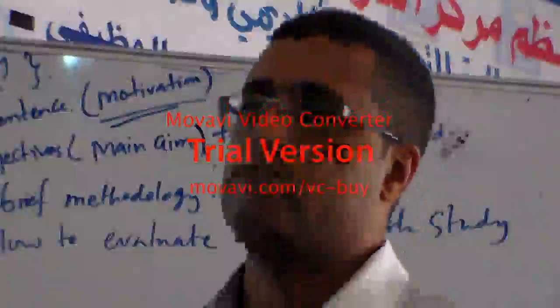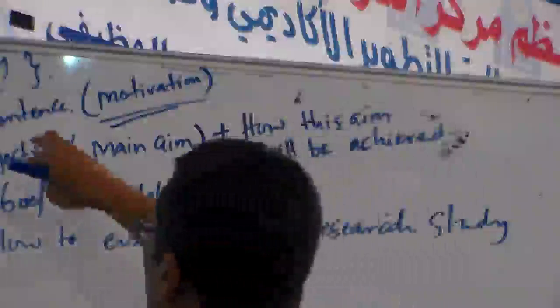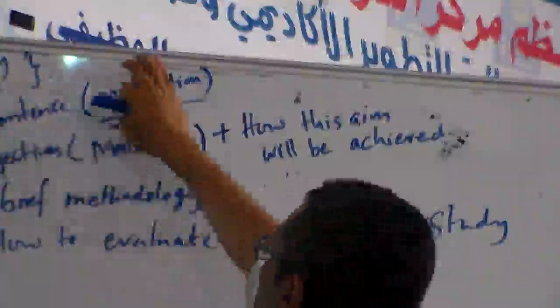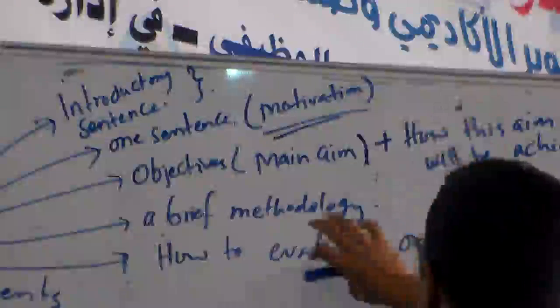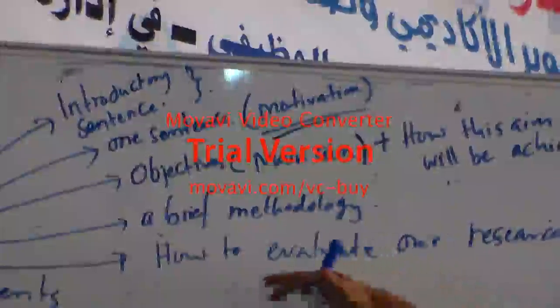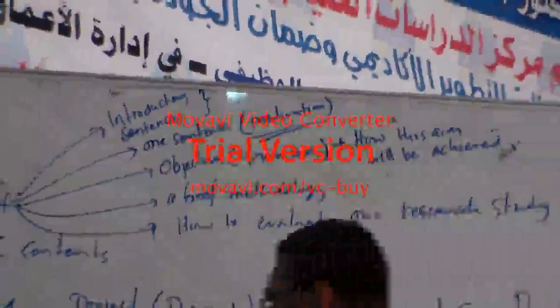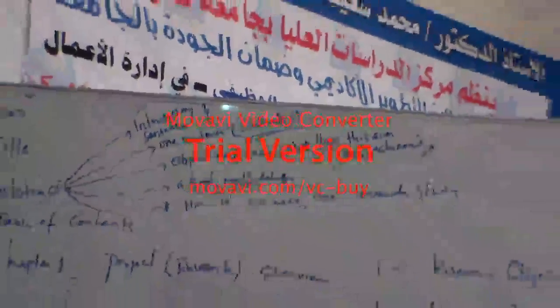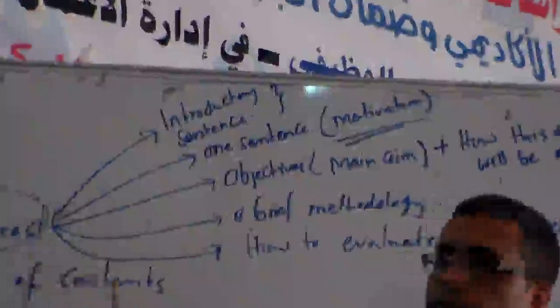Don't write the abstract from the beginning, because in the beginning you still don't know about the motivation, the objectives, the methodology, the evaluation. All these things you will know after you read the literature and after you write your chapter 1. Okay? You get me? You cannot write the abstract in the beginning.